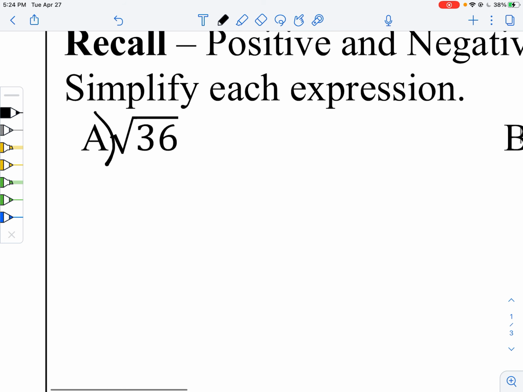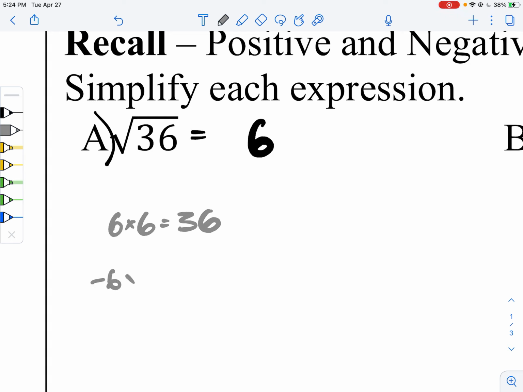Example A says, what is the square root of 36? Well, I know the square root of 36 is 6, because 6 times 6 is 36. Great! But guess what? Negative 6 times negative 6 also gives us positive 36, since a negative times a negative is positive. A challenger appeared, right?